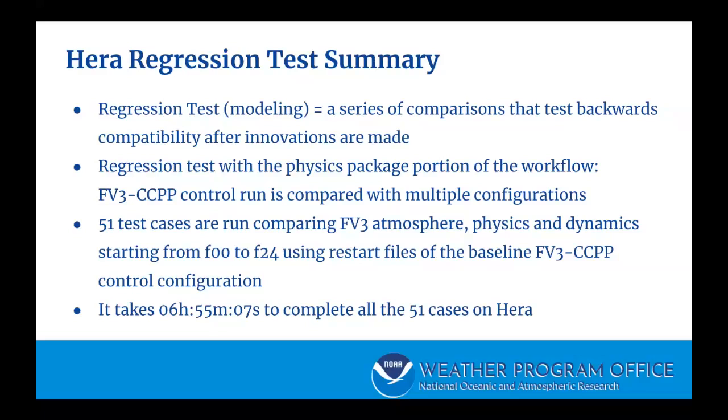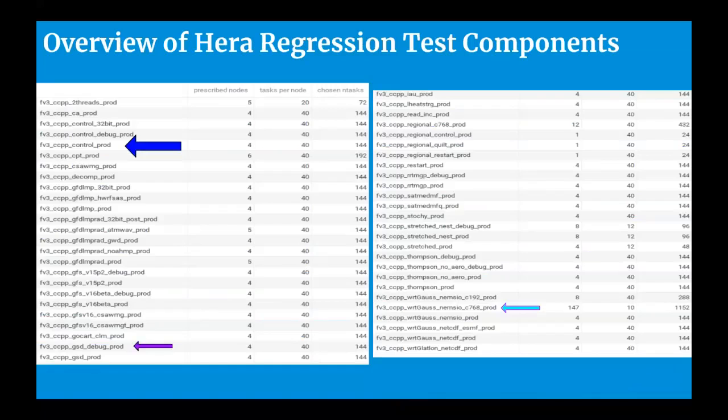So you have the control run, that's one test, and then it's compared to 50 other tests. And it compares the FV3 atmosphere, physics, dynamics, all for the 24 hours, using restart files for the baseline control run configuration. And so to complete all of the tests, it takes 6 hours, 55 minutes, and 7 seconds.